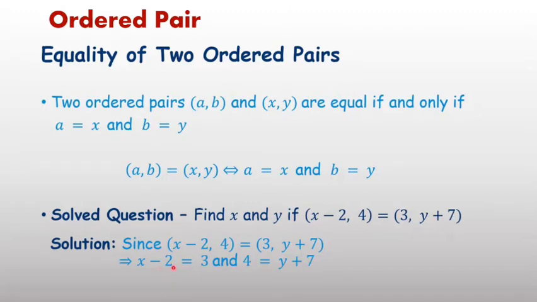If x - 2 = 3, it implies x = 5, and y = -3. In this pattern, if any question is given based on equality of two ordered pairs, we can easily solve it and find the value of x and y, or whatever is asked.